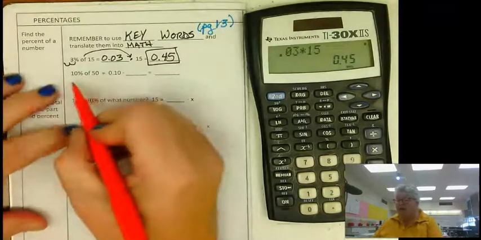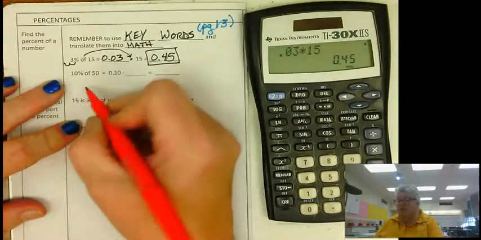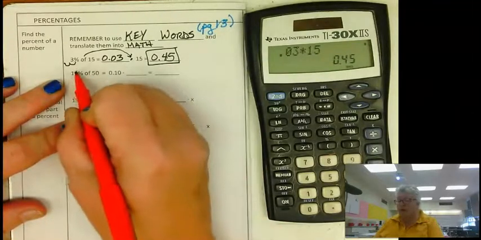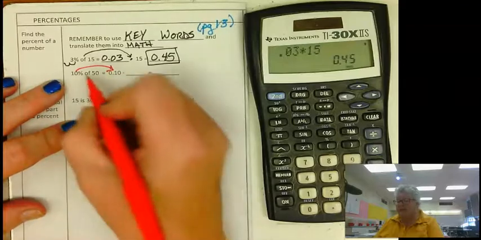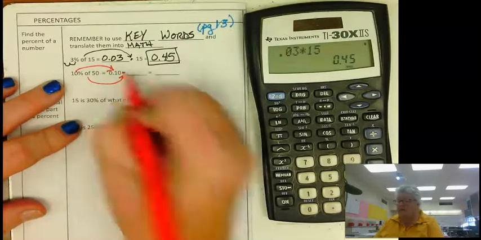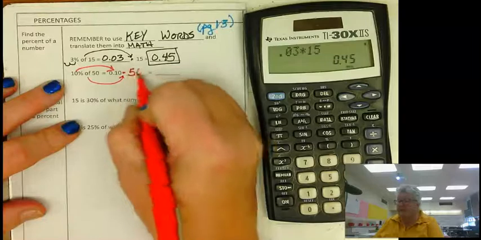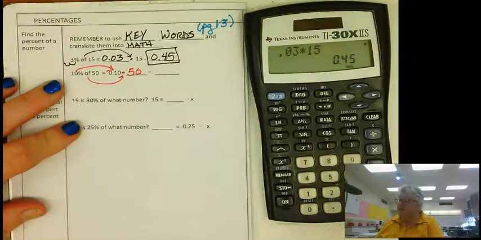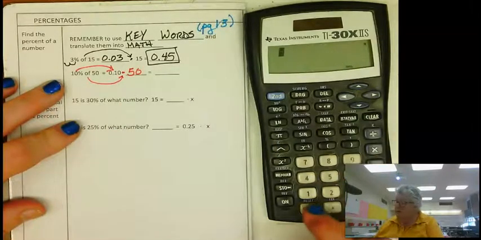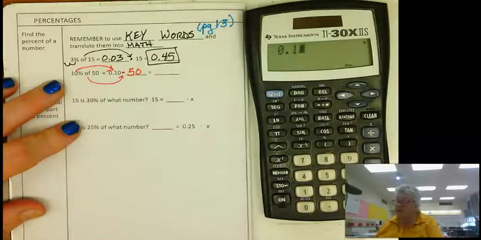Let's go. So we have 10% of 50. Well, 10% looks like that. Of means times, and then we don't have to do anything to 50. So now, 10%, so it's 0.1. You don't even need that 0 right there, but that's okay.